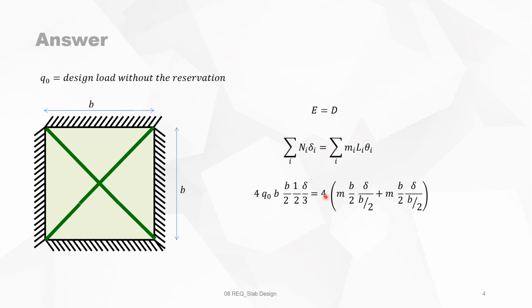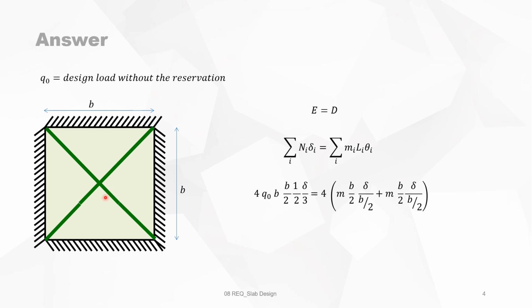On this side of the equation, this is the work done by the internal forces. So we take an axis of rotation and we project this bending moment on the axis of rotation. So it is m times B/2 and times the angle of rotation, which is delta divided by B/2.